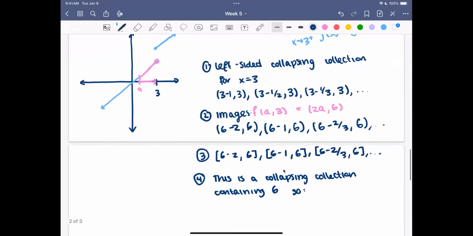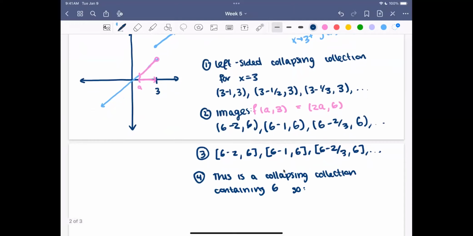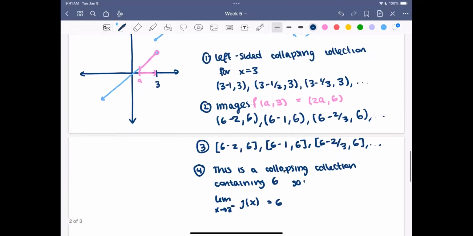So the conclusion is that the limit as x approaches 3 from the left of this function f of x is equal to 6. Okay, are there questions about that?